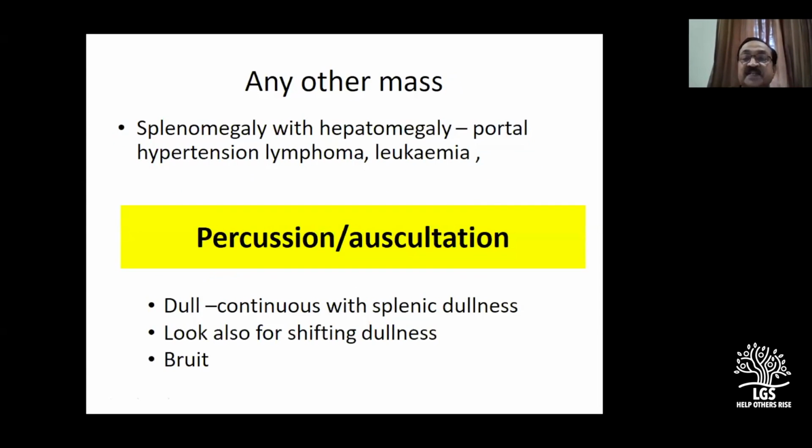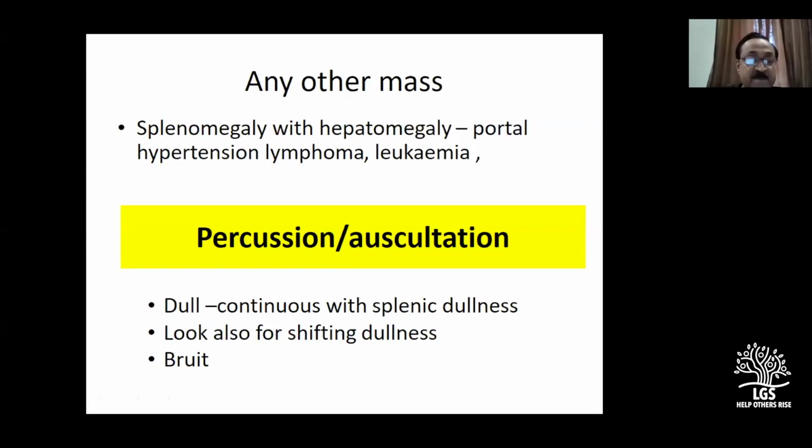You have done the examination, you have got the spleen, look for the liver, because you are dealing maybe with lymphoma, maybe leukemia. So you look at percussion, auscultation, shifting dullness for fluid, and you auscultate for bruit, and auscultate over the spleen for perisplenitis.